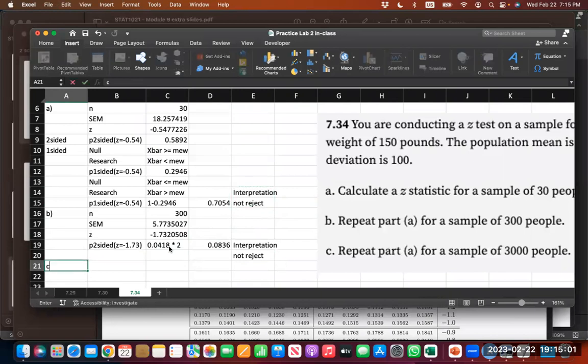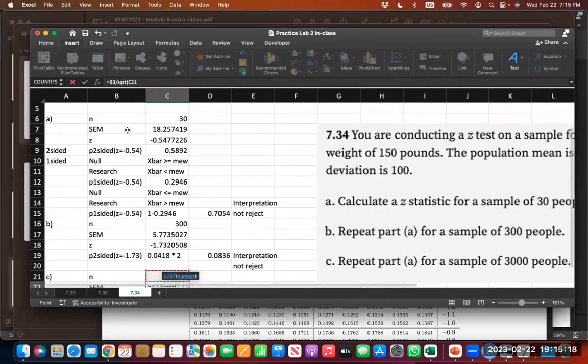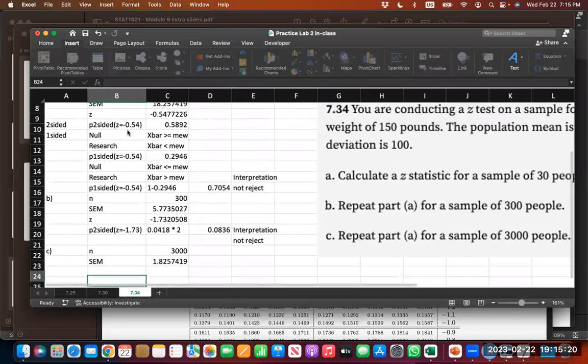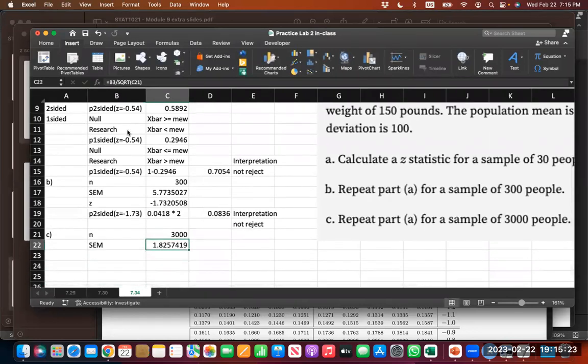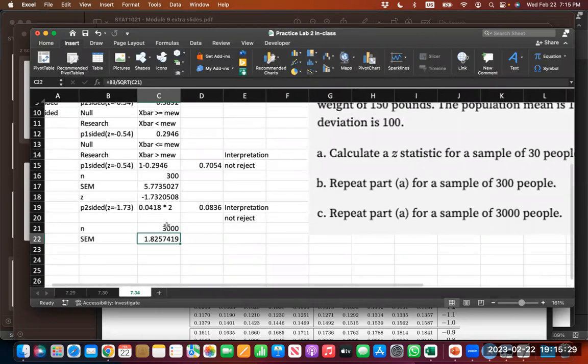So if we're doing the same exercise, and this is where it's getting interesting now, because now we really have a quite large sample size. We're calculating now the standard error of the mean, which is basically sigma divided by the square root of 3000. The standard error of the mean has decreased now from 18.3 to 5.8, and is now 1.8.